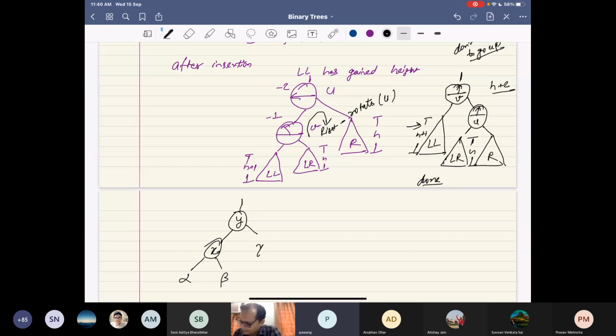So I can do a right rotate with y and I get x here, y comes as x's right child, gamma remains as its right child, x retains alpha and y gets beta.